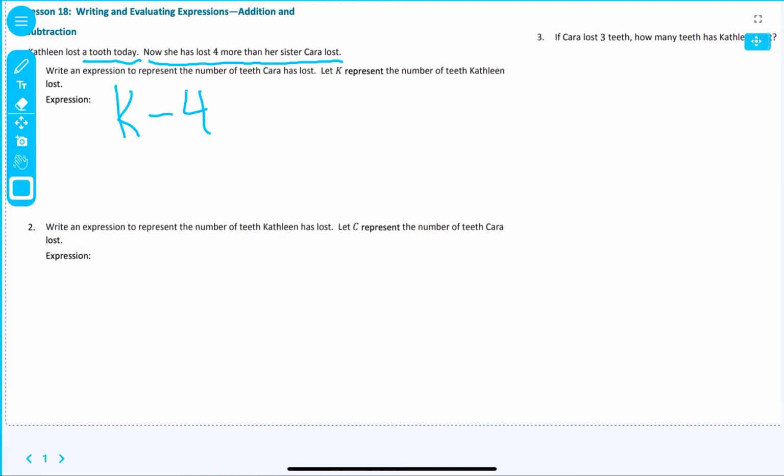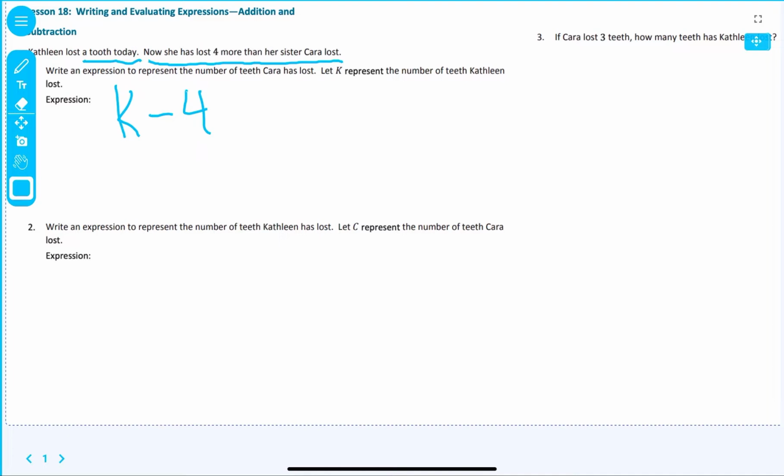Now, 2 says, write an expression to represent the number of teeth Kathleen has lost. So we wrote how many Kara had lost. Now we're going to write the expression of how many Kathleen has lost.